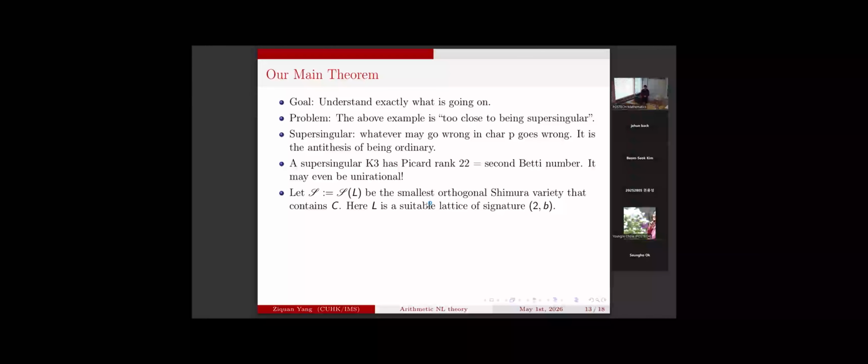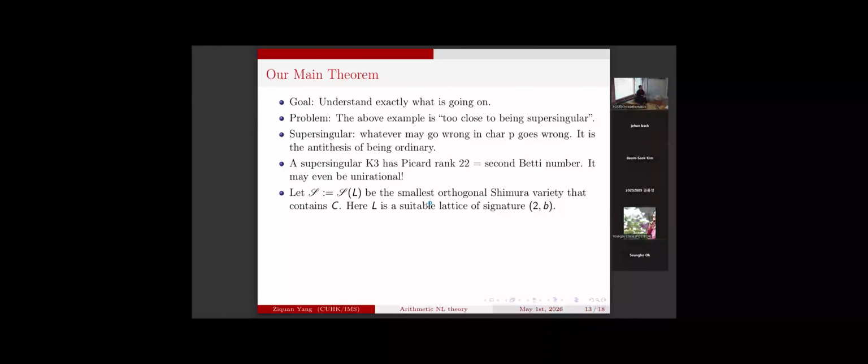Okay. So to introduce the statement of the theorem, I need to parameterize my K3 by some orthogonal Shimura variety, and let's say we take the smallest one containing the image of the curve. Here L is a suitable lattice of signature (2, d).